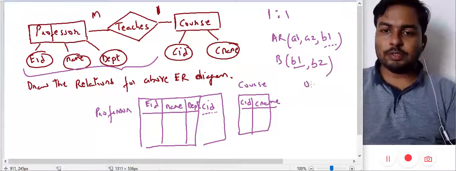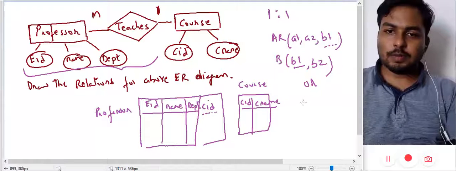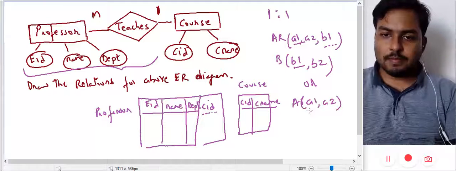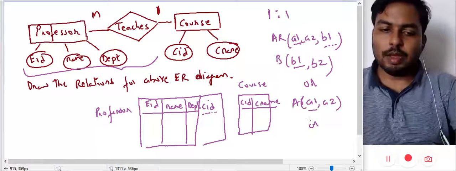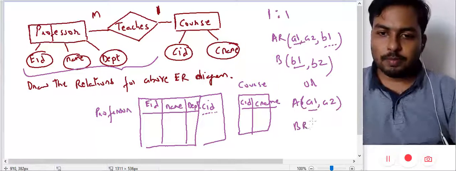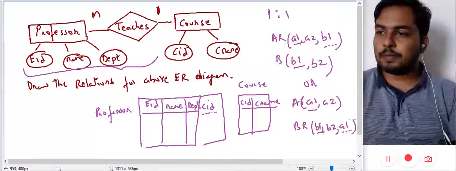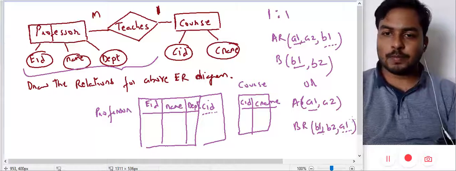You can do it like this, or you can have just a table with A1, A2, where A1 is the candidate key, and another table will be BR, B1, B2, and A1 as the foreign key. B1 is the primary key. Make that correction.